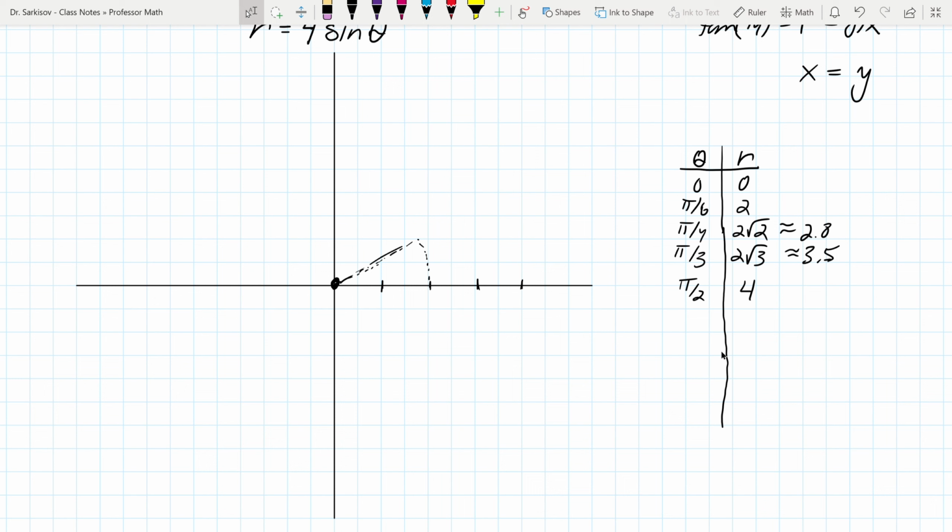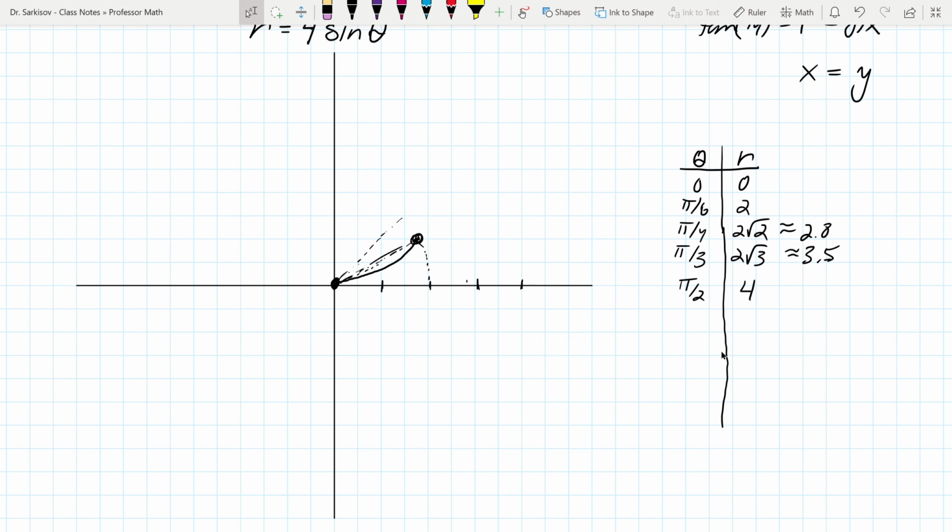Okay, great. And by the way, as the angle is increasing, as we're going this way, r keeps on increasing, the sine's increasing, right? So you're actually doing something like that. Okay, and then what happens at pi over 4? We get, let's see right here, about 2.8, right?